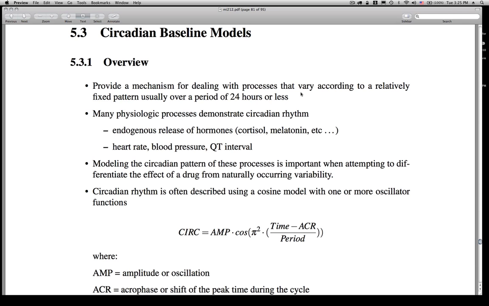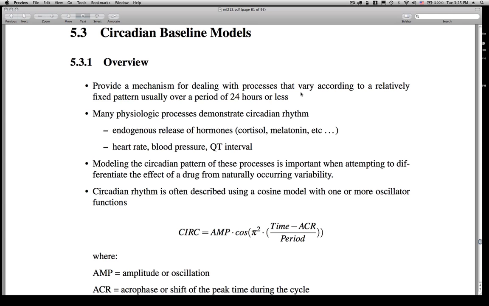And so we know that many physiologic processes demonstrate this sort of pattern of rising and falling over the course of a day. Endogenous release of different hormones, cortisol, melatonin, etc. Heart rate, blood pressure, QT, these all follow some sort of pattern.